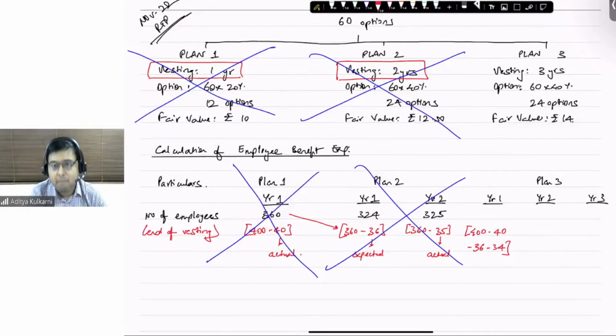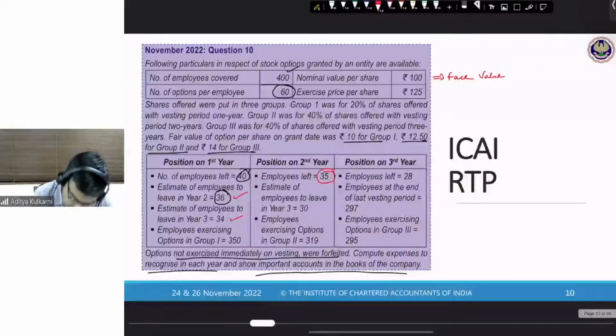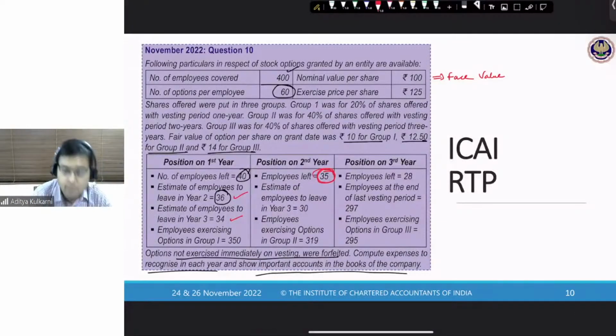Manini, आप accountant हो, astrologer नहीं, आप future नहीं देख पाओगे. You can only estimate right now. This fact, 35, when are you going to come to know? End of year 2. Sir, right now I am in year 1. So in year 1, I only have one actual, that is year 1 में कितने चले गए. And I have 2 estimates.